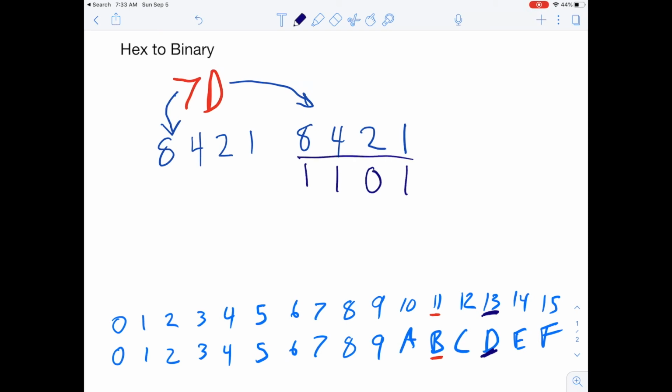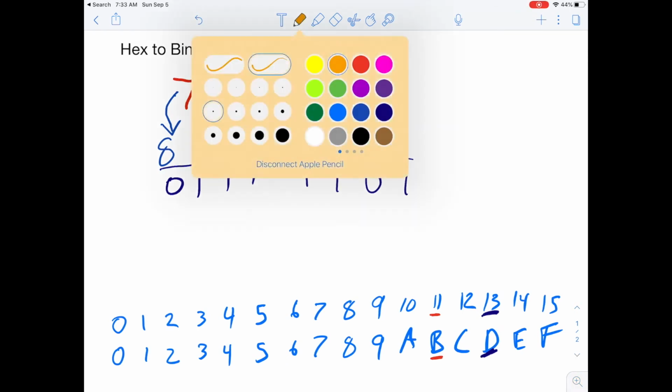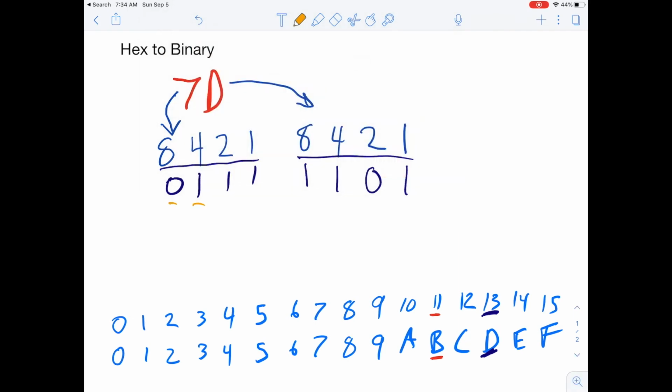And then 7 is going to come down here, so that's going to be 4, 2, and 1, and this will be a 0. So 7D hex into binary is going to be 0, 1, 1, 1, 1, 1, 0, 1. 2 different nibbles.